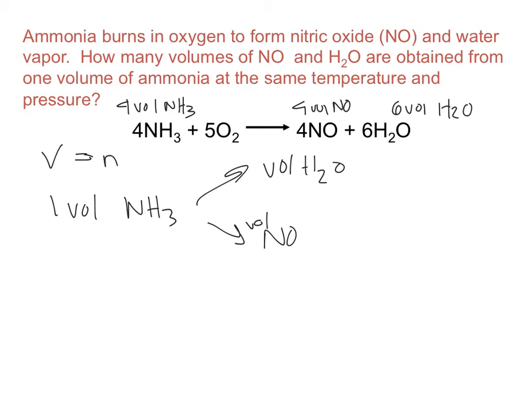Okay, so this relationship obviously is connected to the mole amount. So you can look at it however you want. In this case, they're asking us in volumes, so we're going to express our answer in volumes. So because there is a 1-to-1 relationship between NO and NH3, 1 volume of NH3 is therefore going to give us 1 mole of NO, or 1 volume of NO, I apologize.